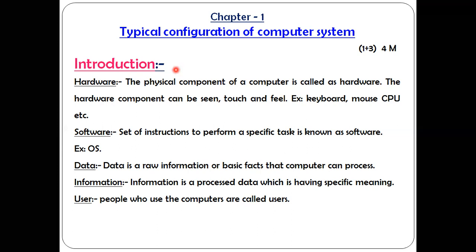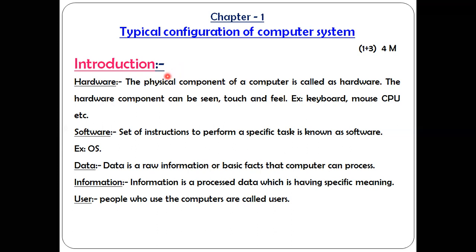Say, for example, keyboard, mouse, monitor, computer's CPU, printer, scanner. These all things you can see, you can touch, you can feel. Those all comes under the hardware.